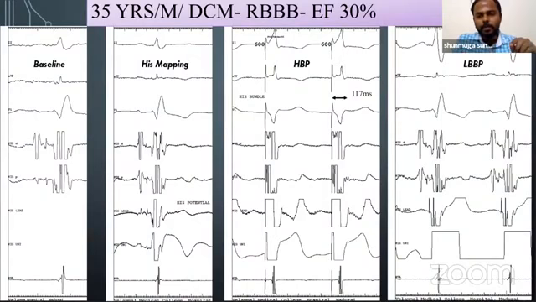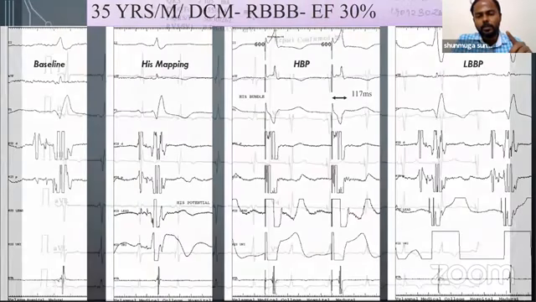Not only LBBB, even a dilated cardiomyopathy with an RBBB morphology can be corrected by left bundle branch pacing. This is slightly confusing because we know that capturing the left bundle produces an RBBB delay pattern. Even in patients with an RBBB, if the QRS duration is very widened, we can still narrow down the QRS.